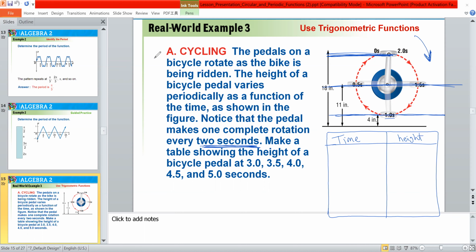Okay, so for the time, he starts with 3 seconds, 3.5 seconds, here 4 seconds, 4.5, and here 5. All this represents time in seconds. I need to find the height. The height of the pedal after 3 seconds will be what?